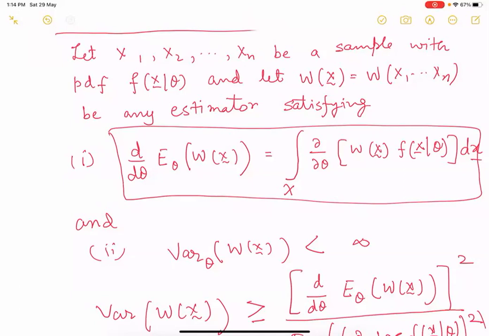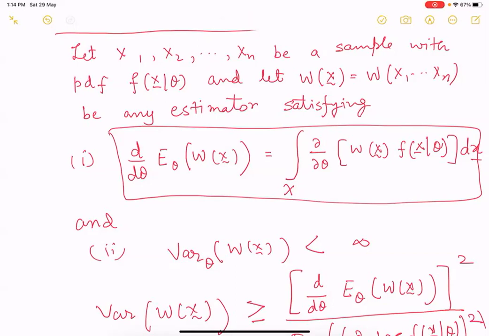Say we have uniform theta 1 comma theta 2. So the support of the random variable will be the open interval theta 1 to theta 2.